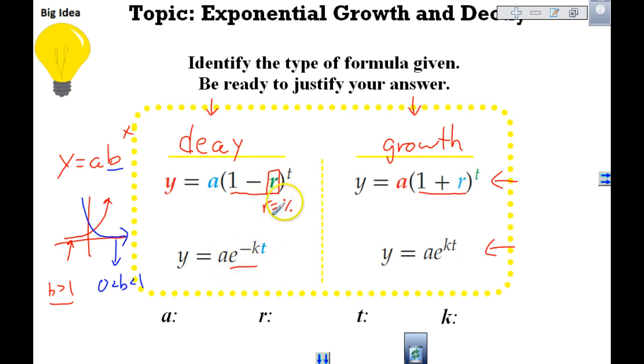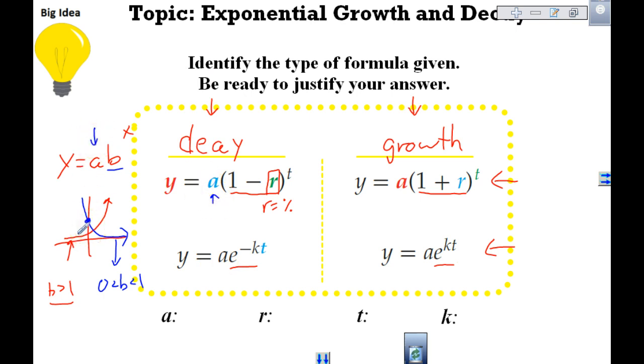So the rate has to be given, and if it's not given, then you're going to use one of the formulas involving the growth of e. These e formulas involve things like bacteria decaying or carbon dating. We'll get the hang of which ones tend to be what kind of formula after doing some of these.